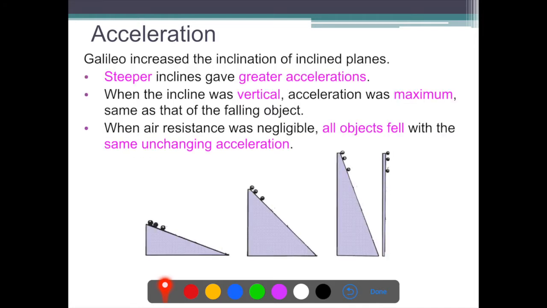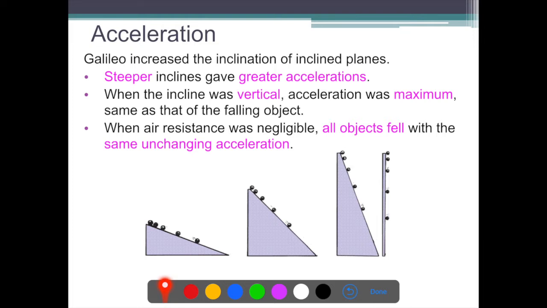Now, he increased the inclination of the inclined planes and he noticed that steeper inclines gave greater accelerations. And in fact, when the incline was vertical, acceleration was maximum, and it's the same as that of an object that's falling.